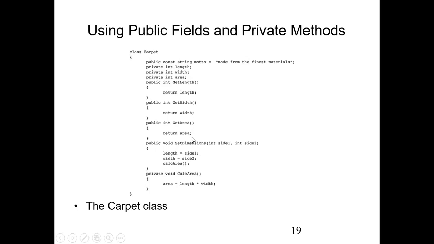And then for this method, as you can see, this method is only providing getters. There are no setters in this case, but we have a method here which is setting the dimensions. We are not having a setter for each of these, but we have one method which is setting the dimensions. So a method that sets values has a return type of void, because it's not returning a value.